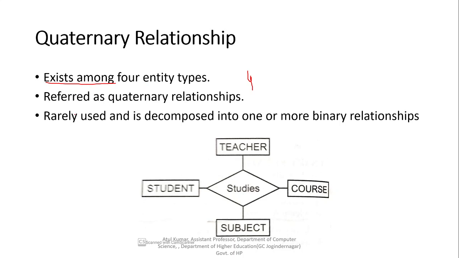Also, these kinds of relationships are rarely used in the real world, and they are decomposed into one or more binary relationships. This is the diagram or example of a quaternary relationship. Here we have four entities: teacher, student, subject and course, and the relation between these four entities is studies. So this kind of relationship, having four entities associated, is called a quaternary relationship.